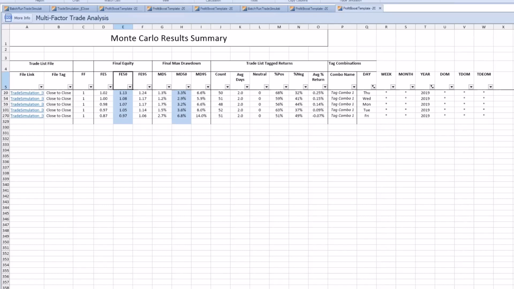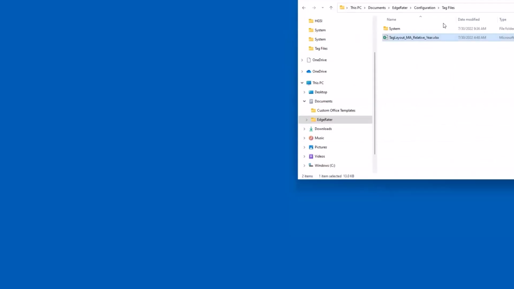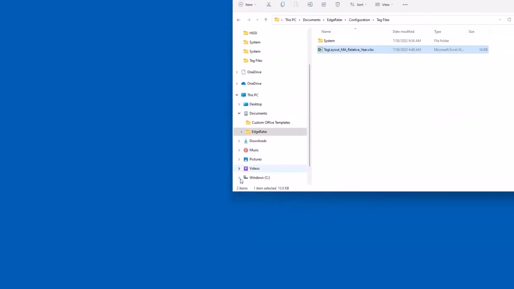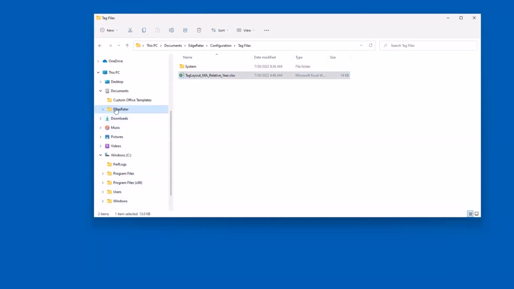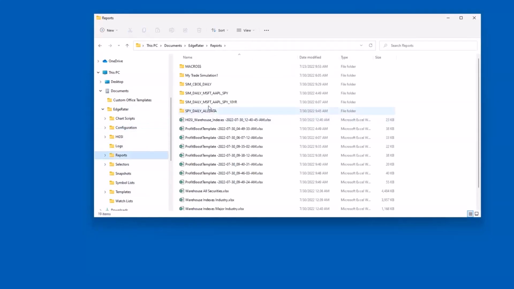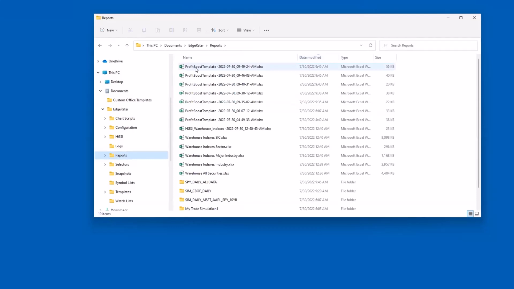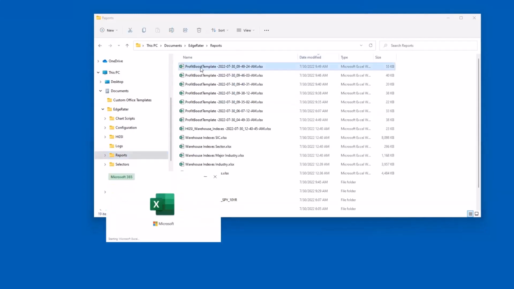Now, the EdgeRater reports don't have the built-in ability that Excel has of doing pivot tables. But whenever you run a template on your file system, EdgeRater will put the report file there, and it's an Excel file. So all you have to do is open up EdgeRater, go into reports, sort by date, and look at the latest one that's been produced.